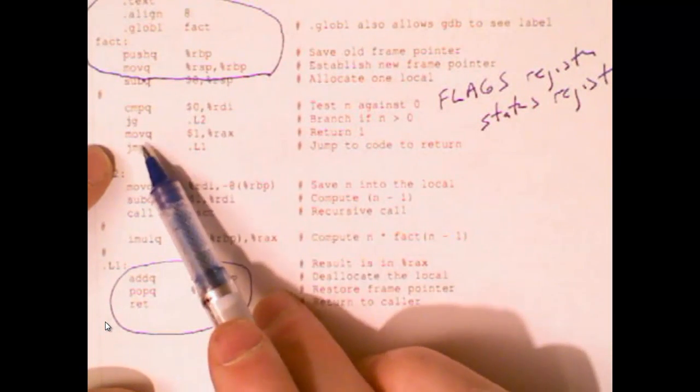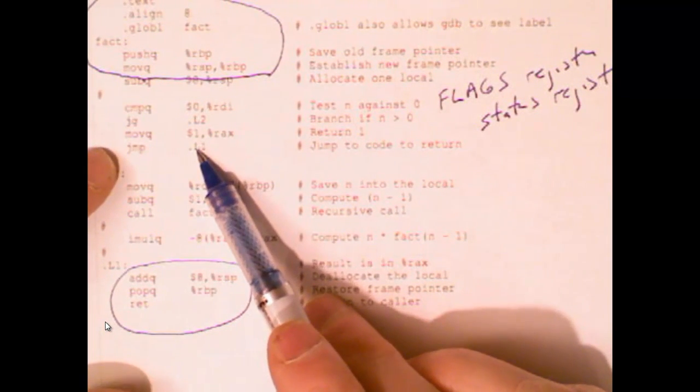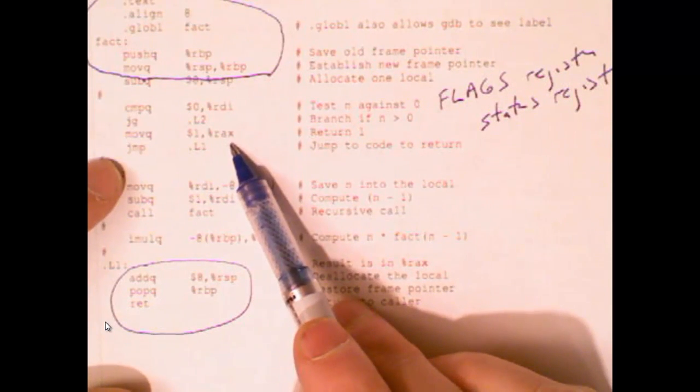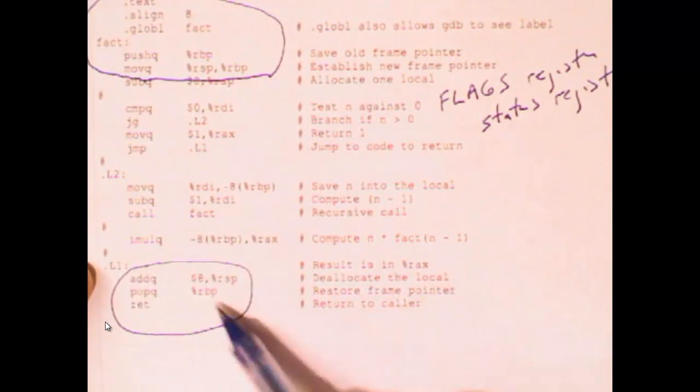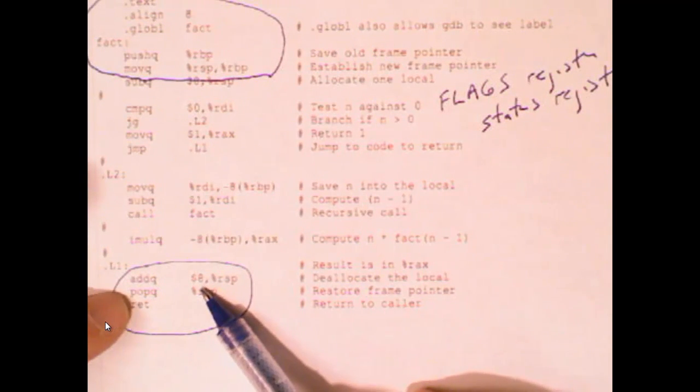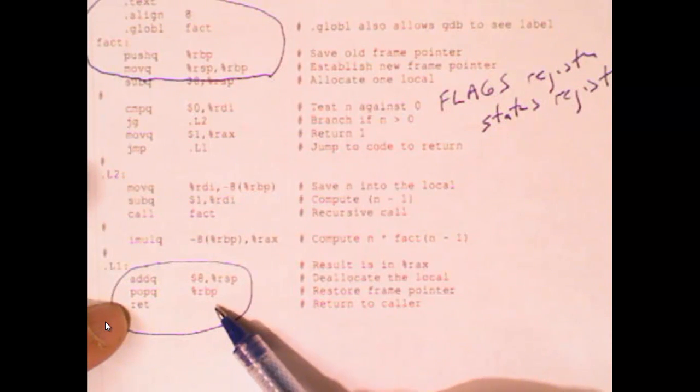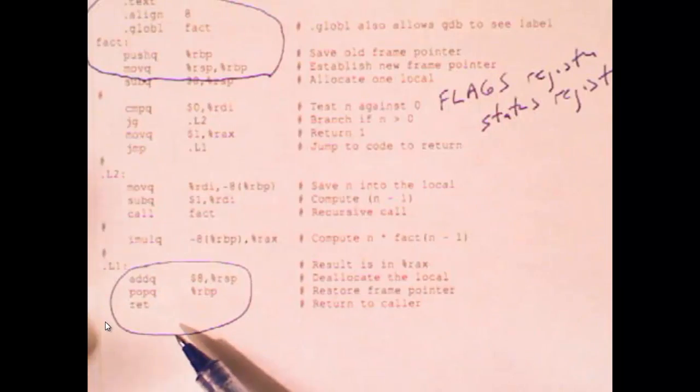So I'm moving a quad word because when I'm past the zeros, I want to return 1. So I move the 1 into RAX, and I do a jump down here to my exit sequence, which again, what's it going to do? It deallocates the local variable, and then it restores the frame pointer of my caller, and the return instruction restores the instruction pointer of the caller. And we're done. So that's the base of the recursion.